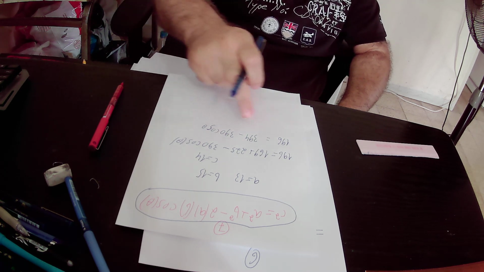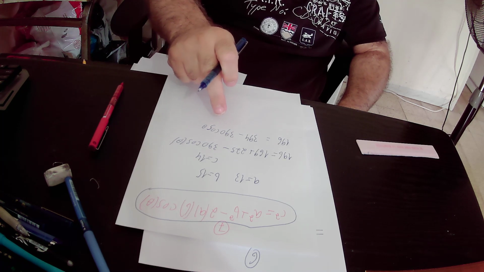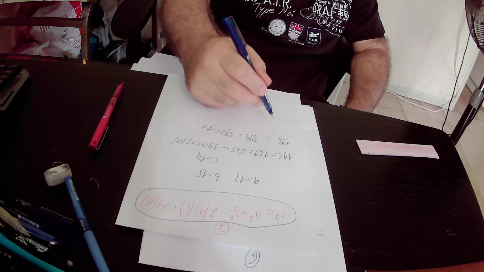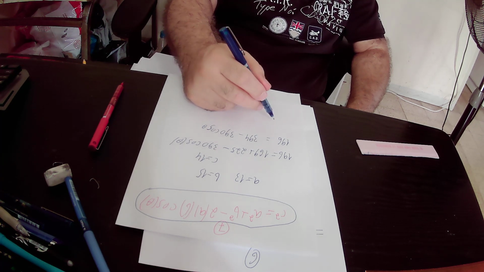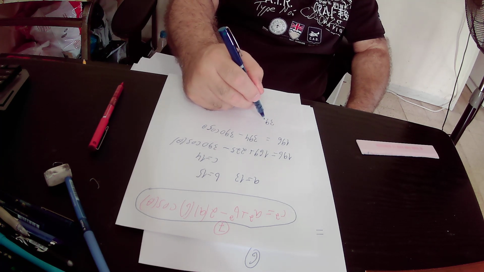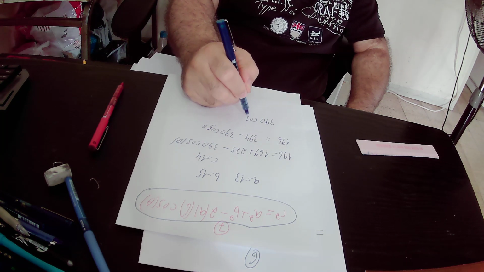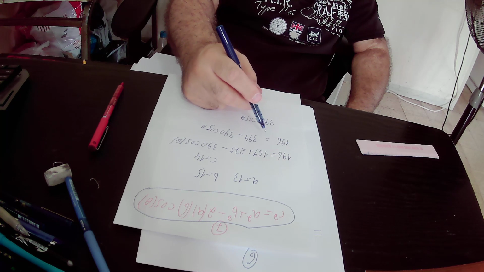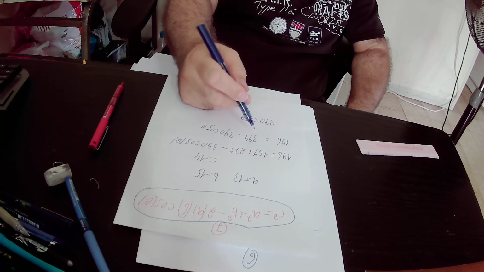Here we will add to this equality 390 cosine theta, and then we will subtract 196.